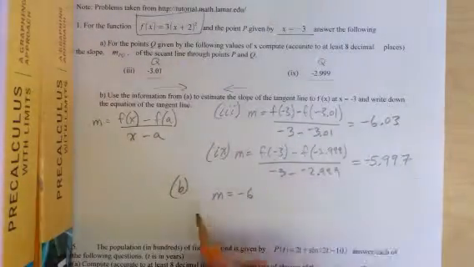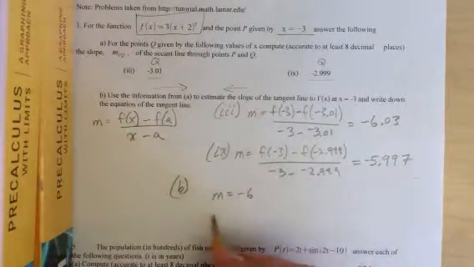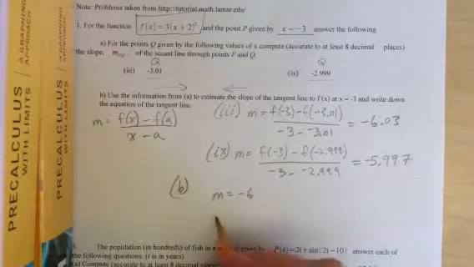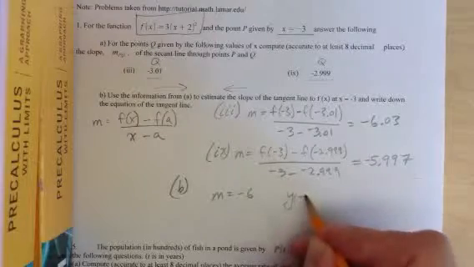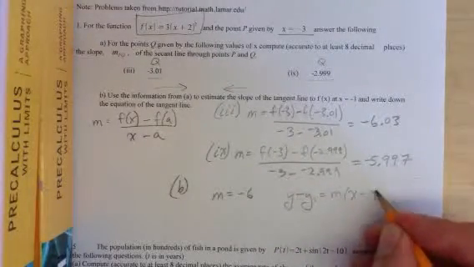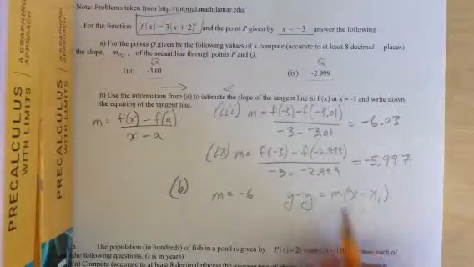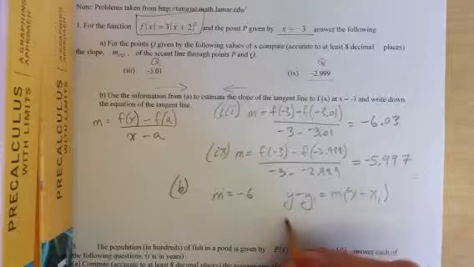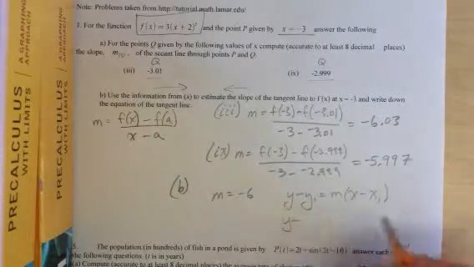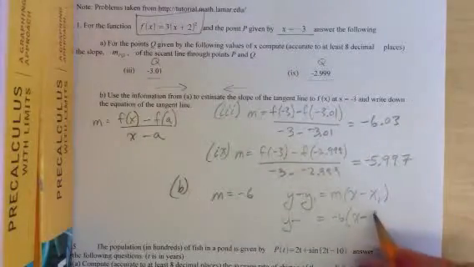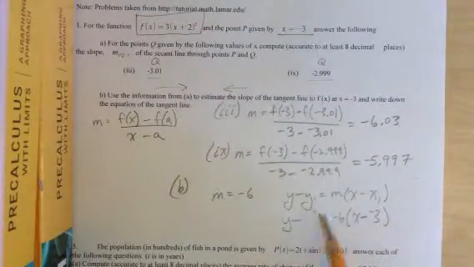Now going a little further, we need to figure out, okay, what is the equation of that line? Well, a nice form to use here is this one, because you only need one point and the slope. So what point do we put? Well, the slope is negative 6, x minus negative 3. What about our y value?